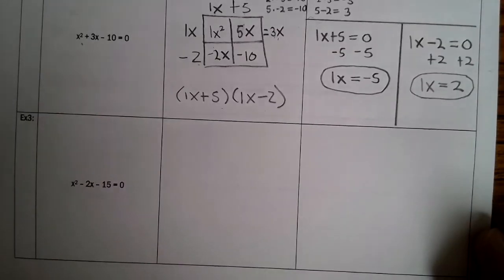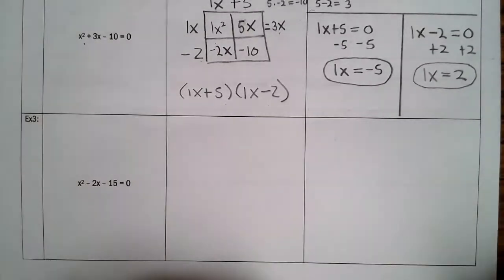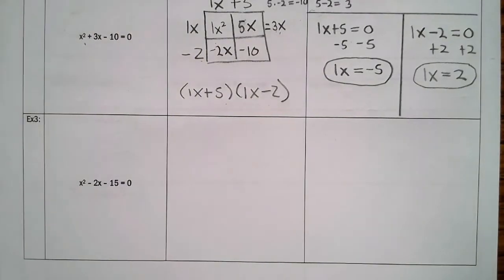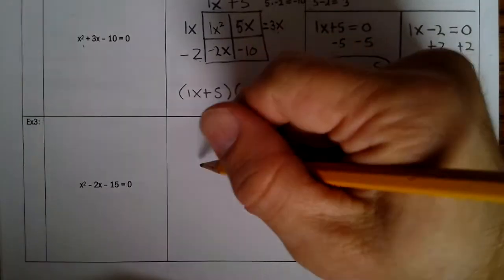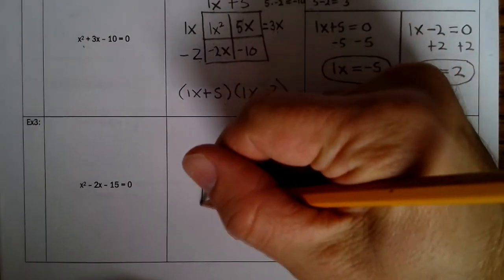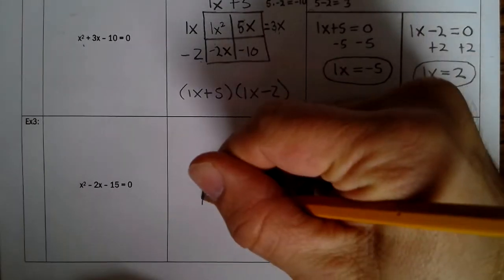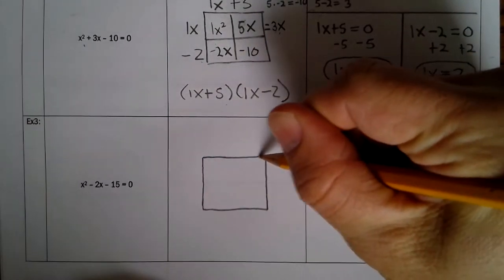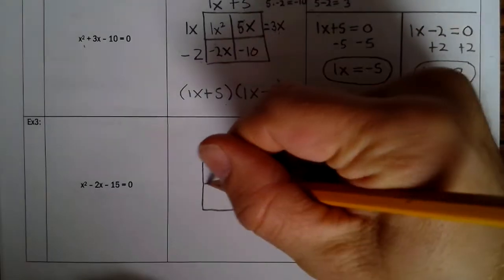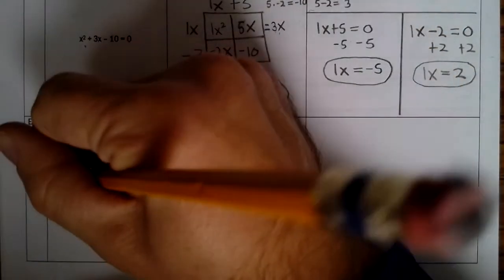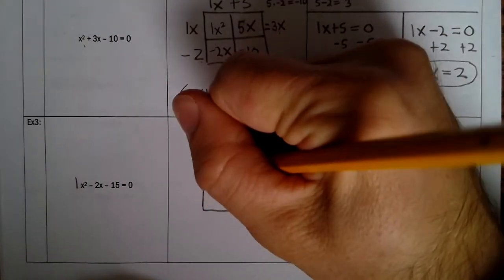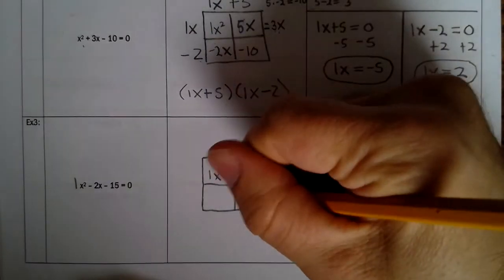All right. Now, example 3 is very similar to example 2, so it's the same way. So to find the factors, we use the reverse box method. So first term, I'm going to put a 1 there. So first term is 1x squared. And then last term is negative 15. Okay.